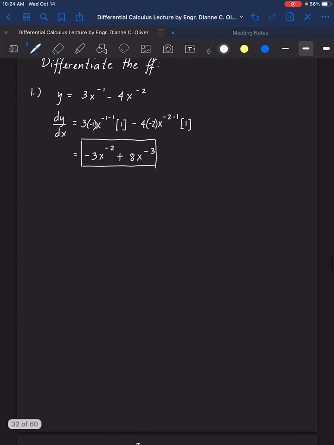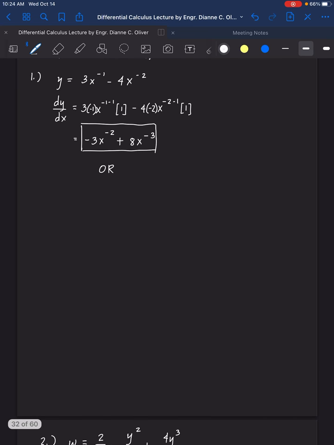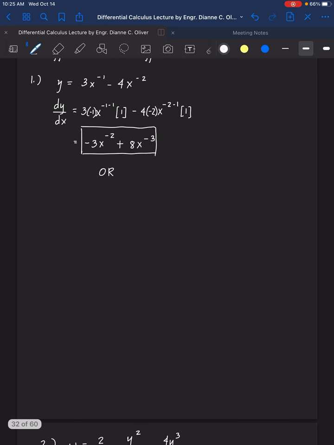Or we can have an answer like this form, if you don't like seeing the negative sign for the exponent. Or you can have the answer negative 3 over x squared plus 8 over x raised to 3. Why is it that it's only the x that's been brought down? So the reason is it is the x which has the exponent, not 8.